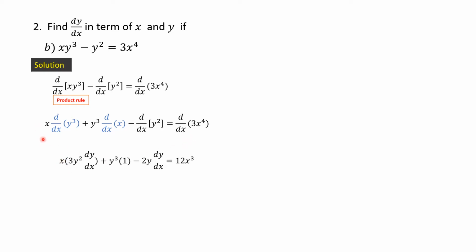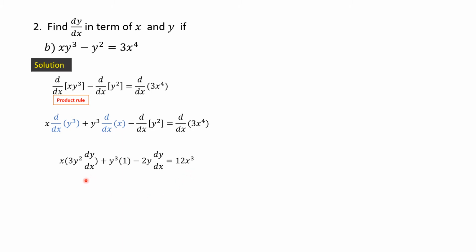So x times differentiate y power of 3, we get 3y square dy/dx, plus y cube times differentiate x with respect to x, we get 1, minus differentiate y square with respect to x, we get 2y dy/dx, equal to 12x cube.